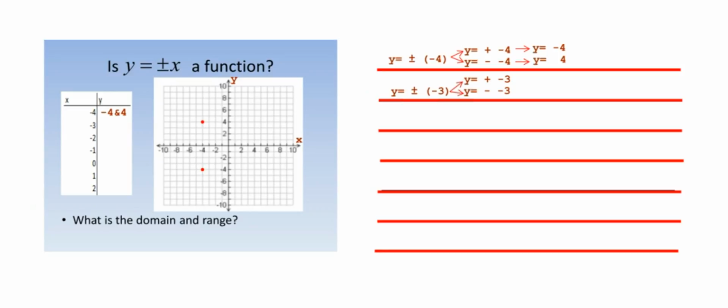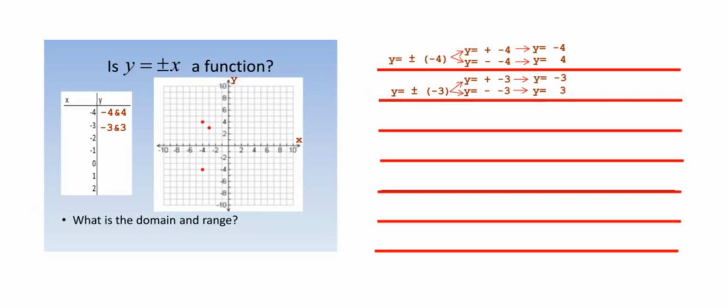That means we have two possible outcomes. So positive times a -3, two different signs multiplied together, gives us a -3. And negative times a -3, two same signs multiplied together, gives us a positive 3. So when x is -3, we get -3 and +3 in our table.